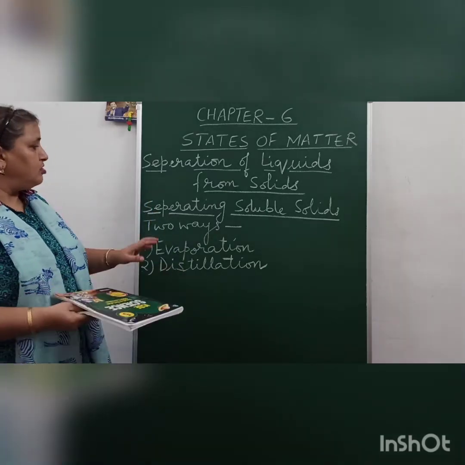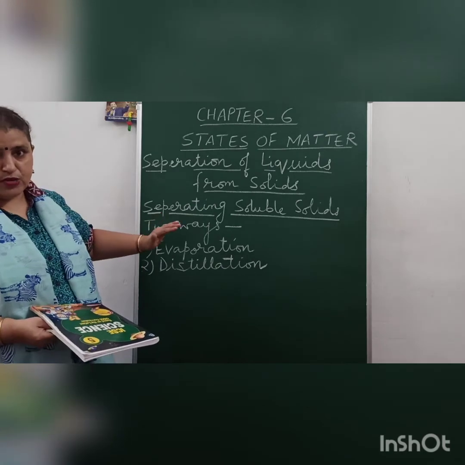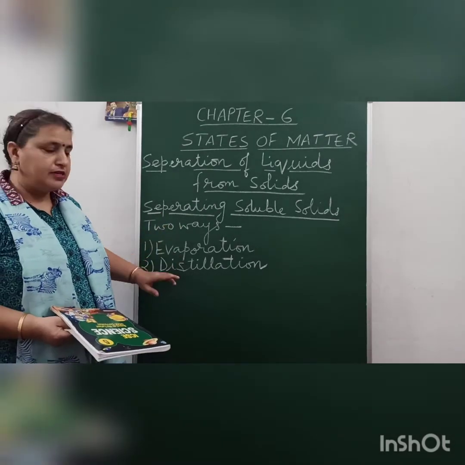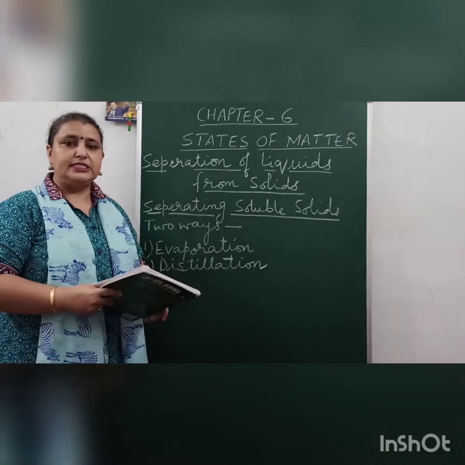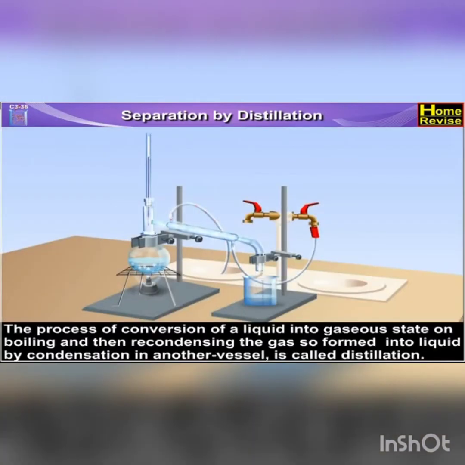So in order to have the separation of soluble solids from the liquid, we follow two methods. One is the evaporation method and the other one is the distillation method. Separation by distillation. The process of conversion of a liquid into gaseous state on boiling and then recondensing the gas so formed into liquid by condensation in another vessel is called distillation.